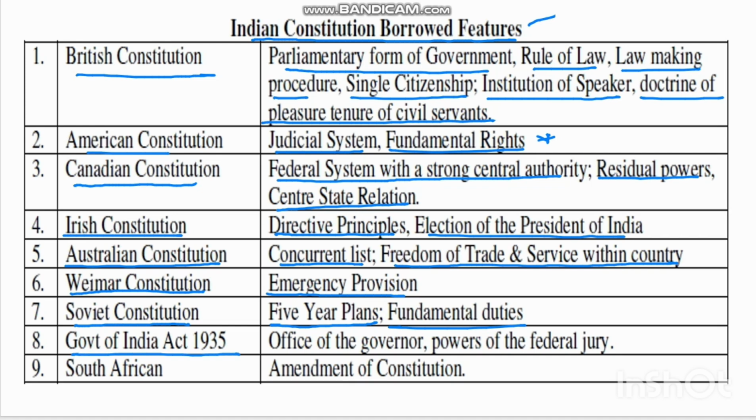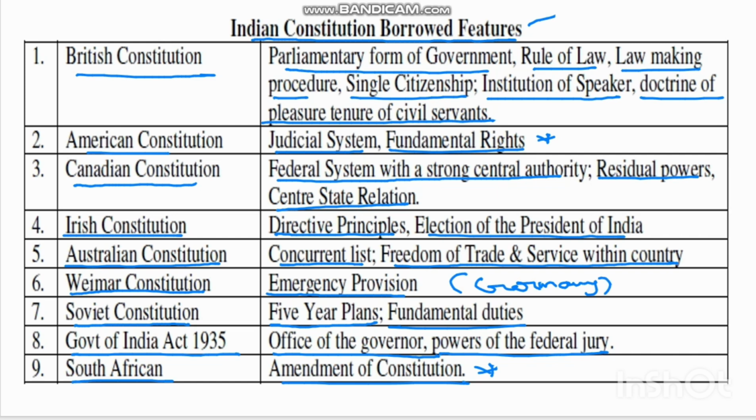From the Government of India Act 1935, the Office of the Governor and powers of the federal judiciary. From the South African constitution, the amendment of the constitution. So here Weimar means Germany.